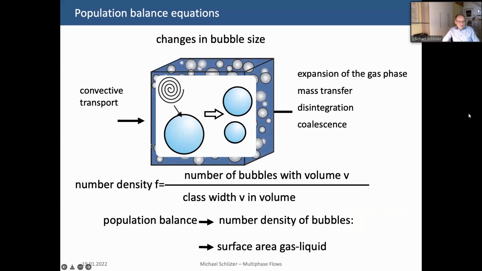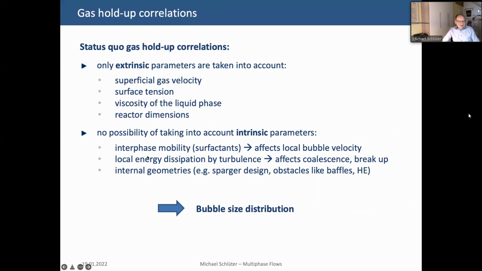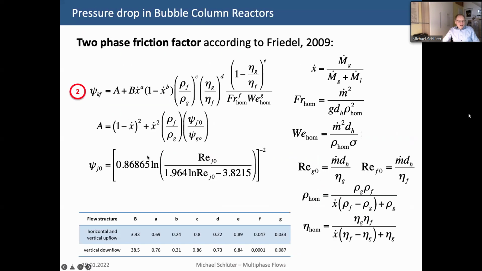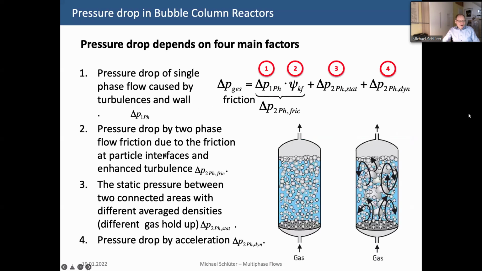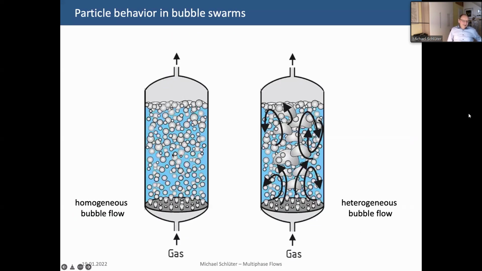But I will show you another picture here. With less coalescence, we will definitely come to a more homogeneous bubble flow regime with larger interfacial area. But as you can see on the right-hand side, it might also be helpful to have more coalescence to get different rising velocities and a more heterogeneous bubble flow, because if it's heterogeneous, then you have better mixing.